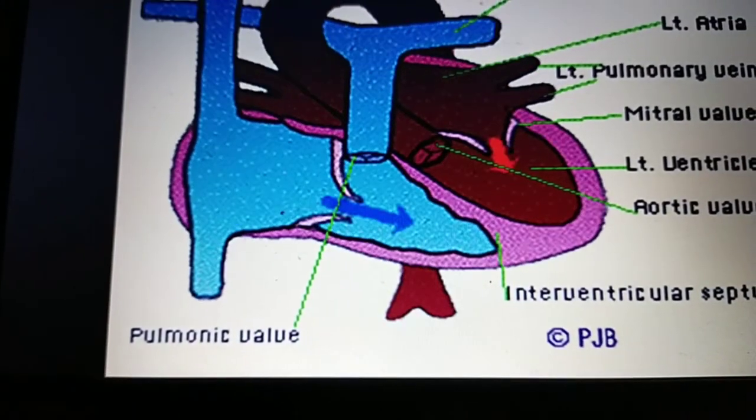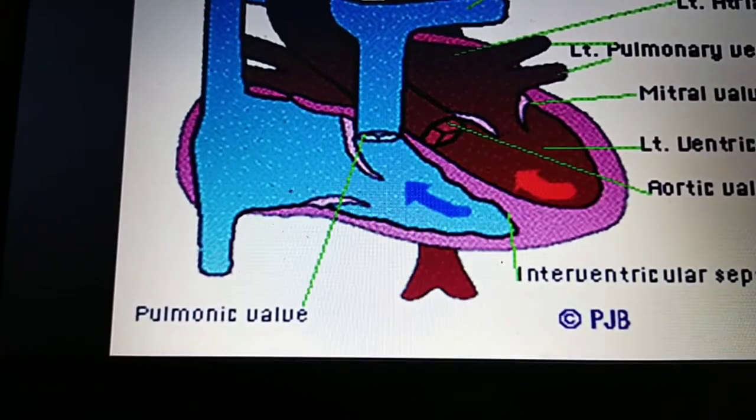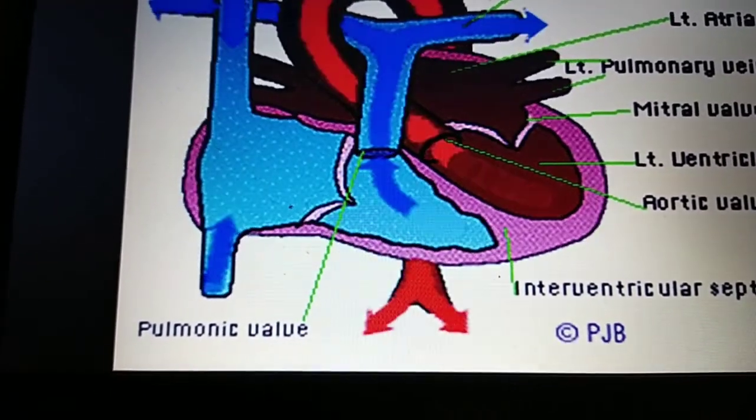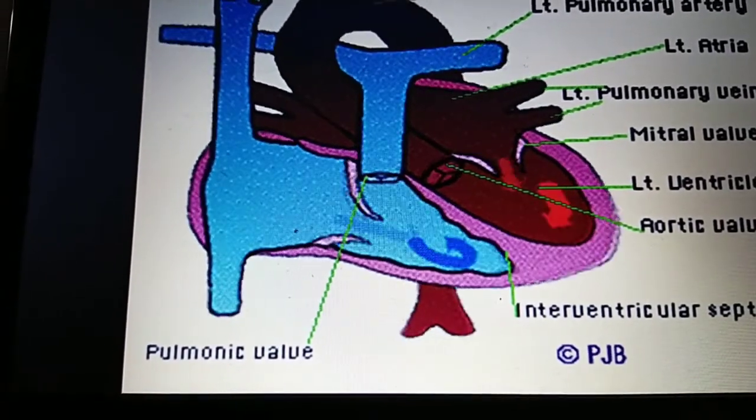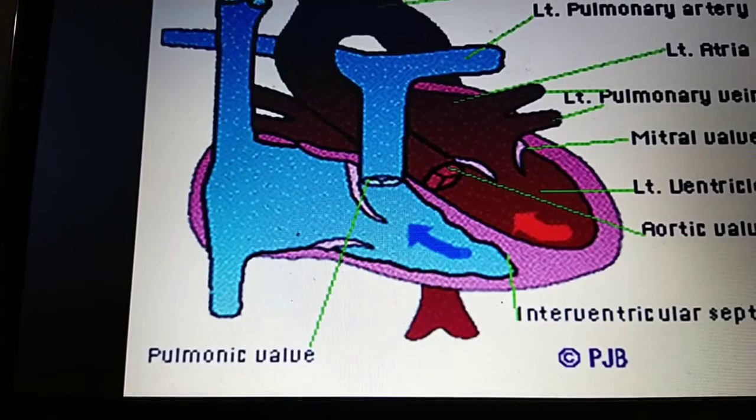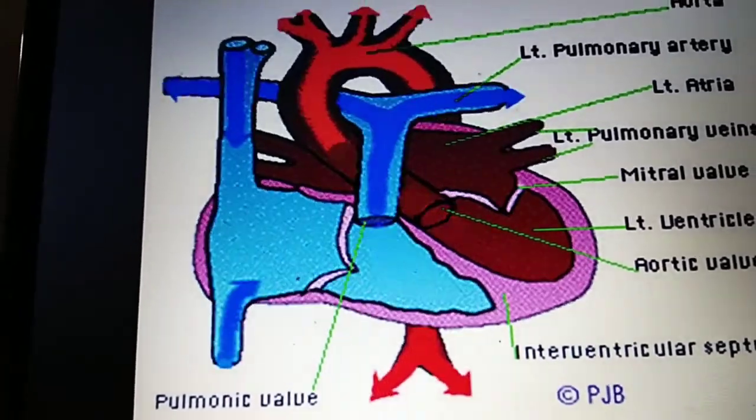This pulmonary trunk is an artery. It arises from the right ventricle, receives the deoxygenated blood from it and delivers it to the lung for gas exchange to take place.